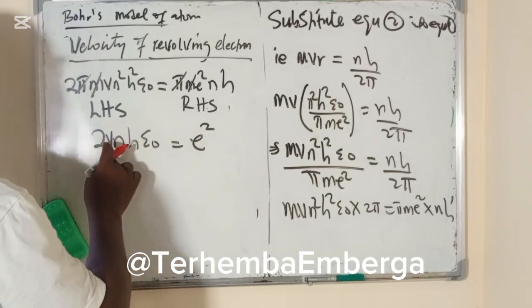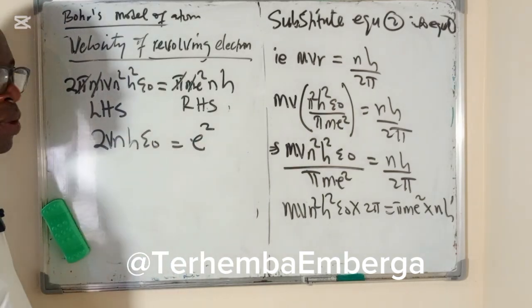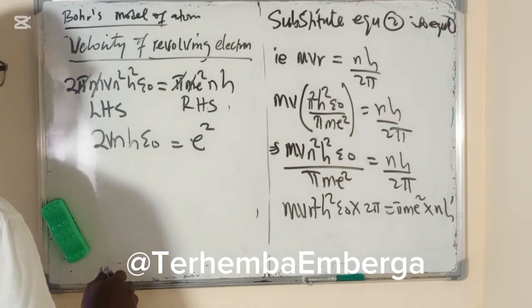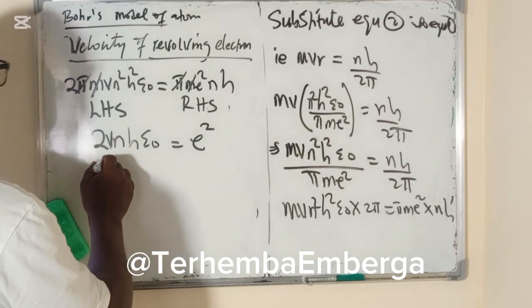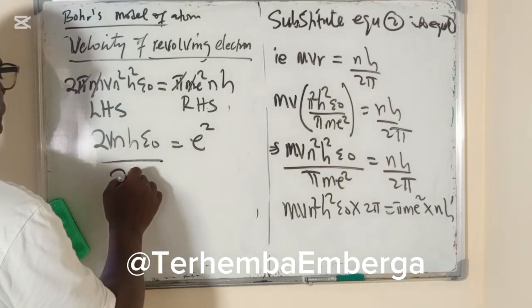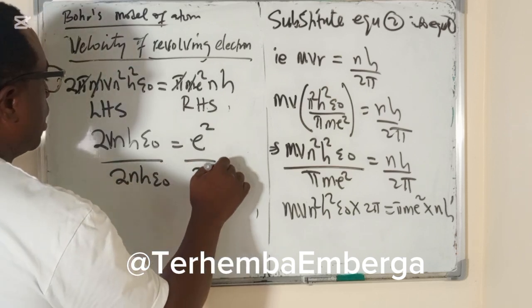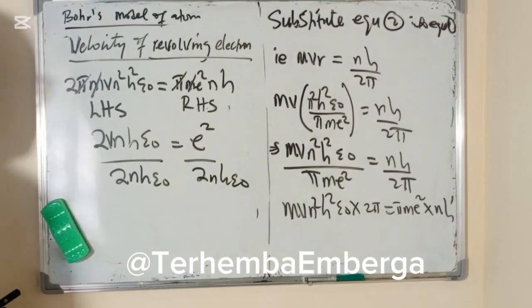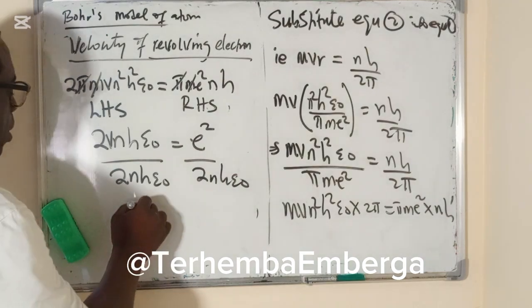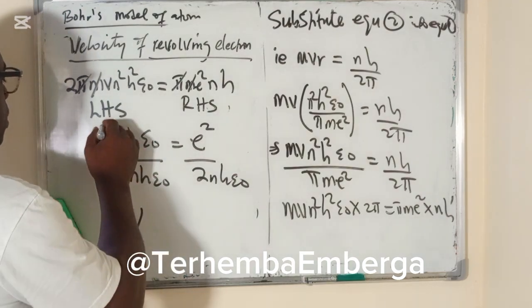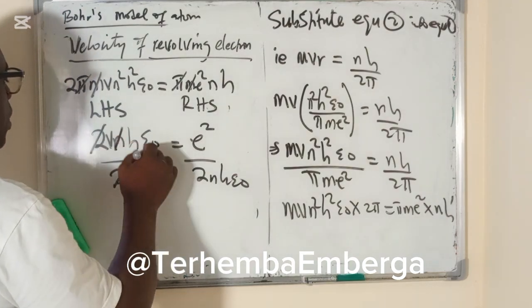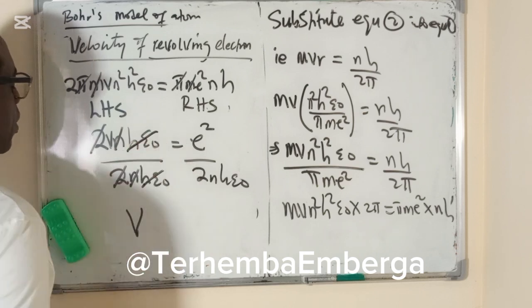So our interest here is v. So we divide both sides by 2 n h epsilon naught, because this will take care of this, this will take care of this.